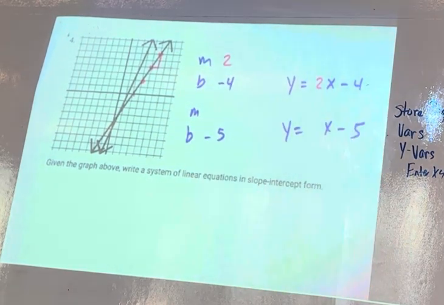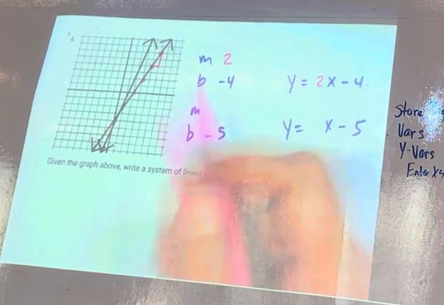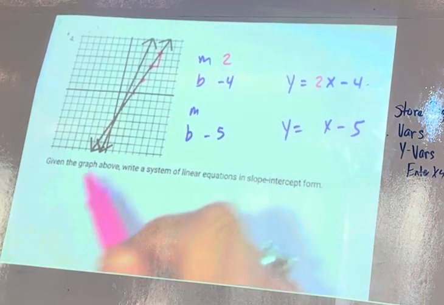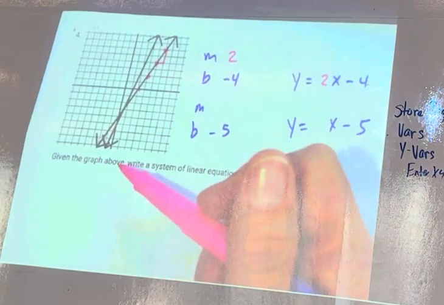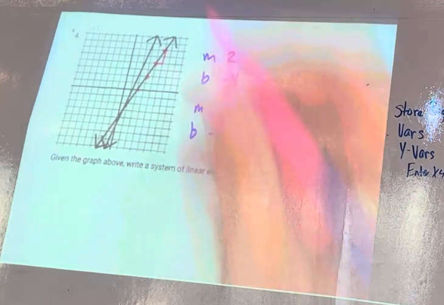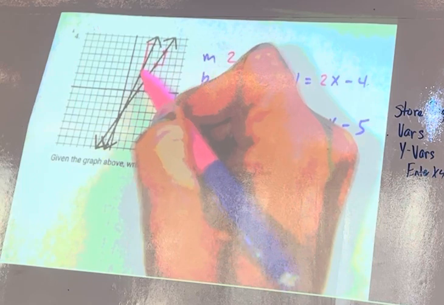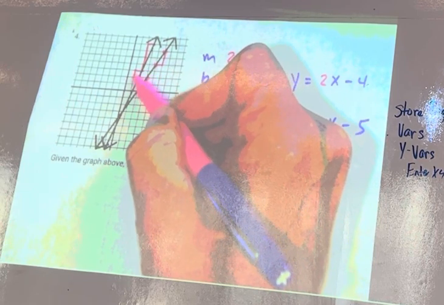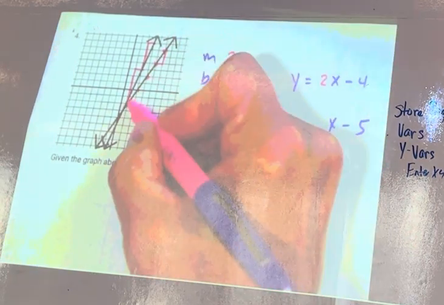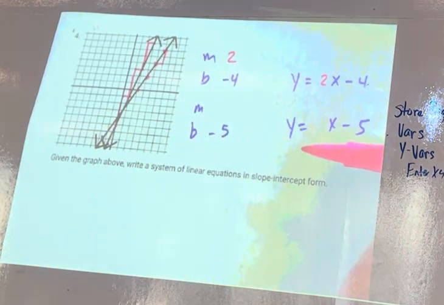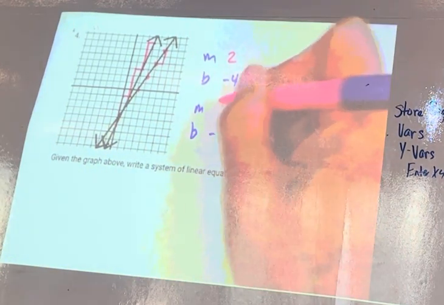So 2 goes here. Let me give y'all a minute. So besides Wesley, what's my slope for the second one? Four. Very good. 4.